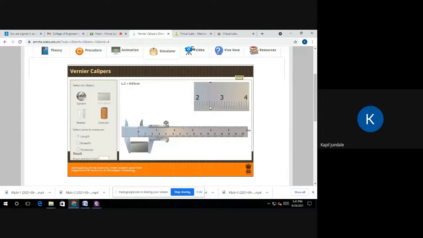So 2.5 plus 7 into the least count, which is 0.01. Can you tell me the answer of this?